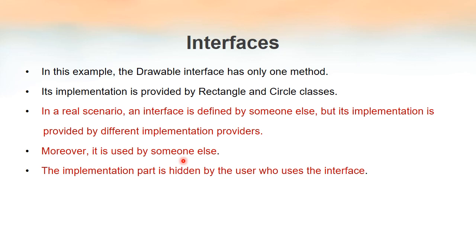For example, I am defining an interface, you are the programmers who are going to use the interface, but the program developed by you will be used by the client. So how the methods are implemented is hidden from the client. That's the beauty of interfaces. The implementation part is completely hidden from the user who uses the interfaces.